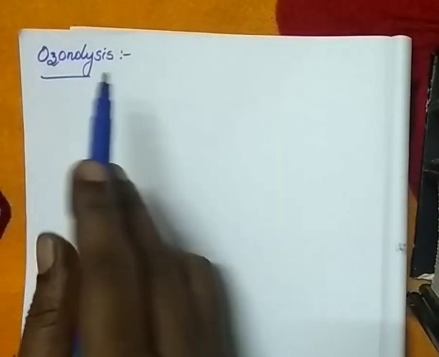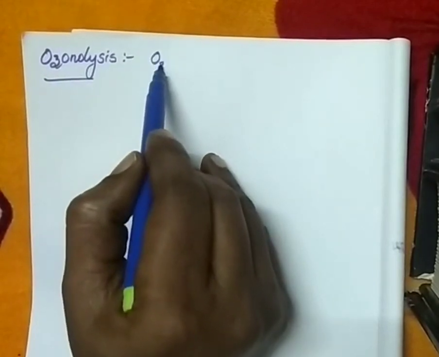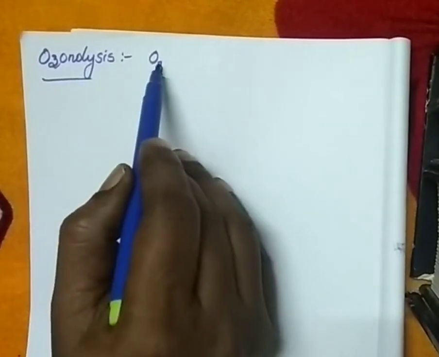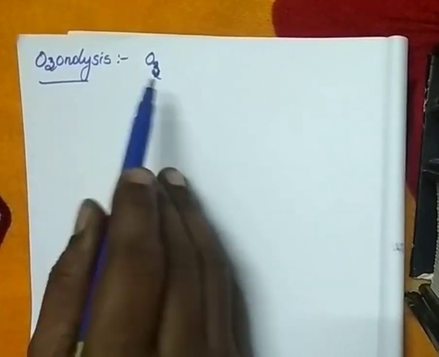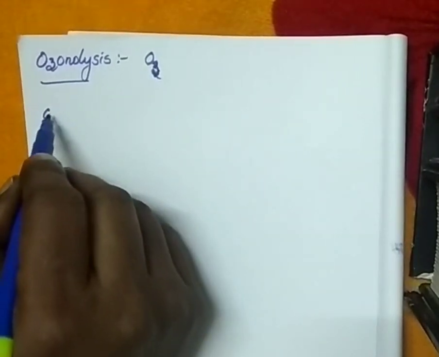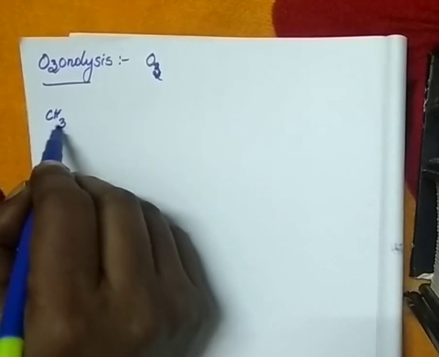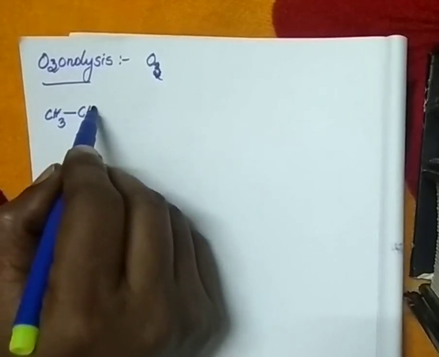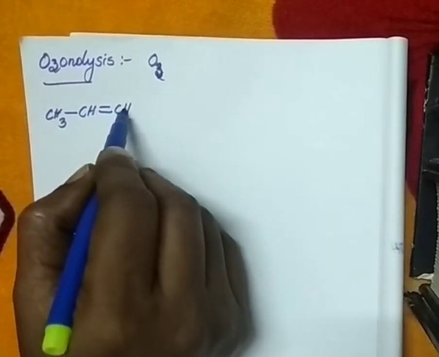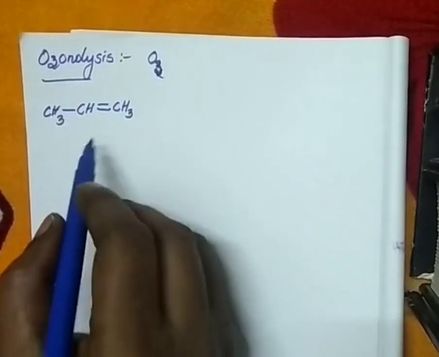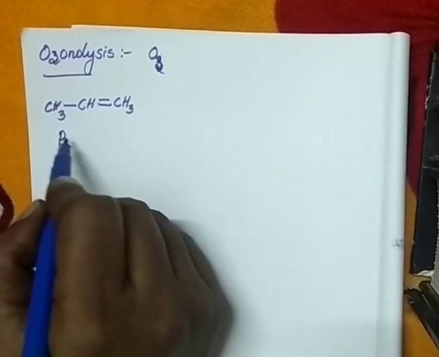Ozonolysis. Ozone, O3. Lysis of alkene with the help of this ozone is called ozonolysis. For example, if I take, please again, there is no deep mechanism for this. You have a short mechanism and you can write the product of any compound given. This is my propene.